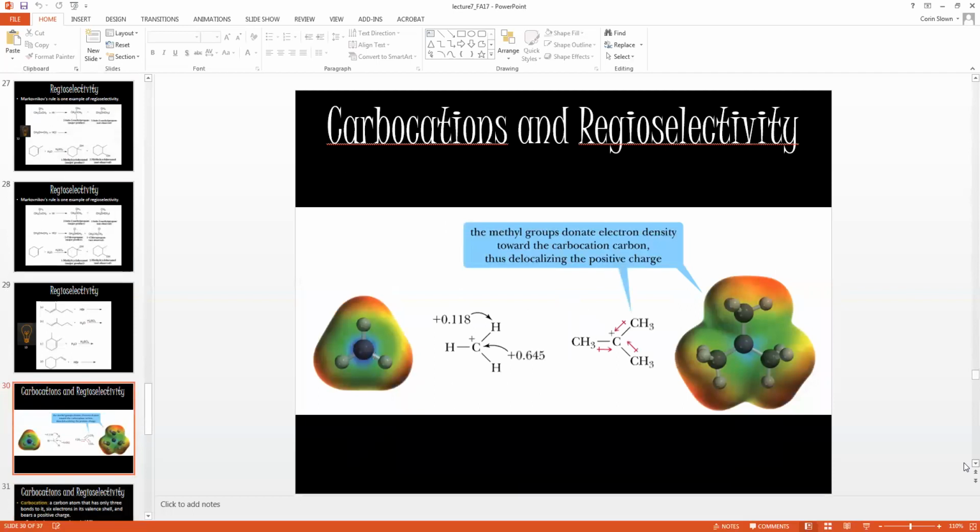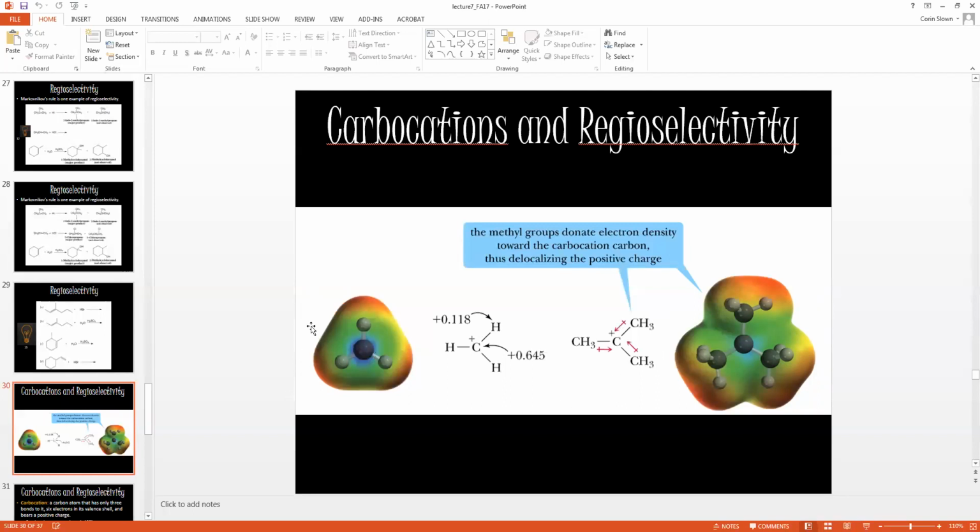It's important for us to make some distinctions about carbocations and regioselectivity. So here, when we're looking specifically at these types of molecules, we're looking at how they behave. Notice here, because it has a positive charge, that means it's the absence of electrons. So these hydrogens are arranged in trigonal planar, just as the methyl groups are here.